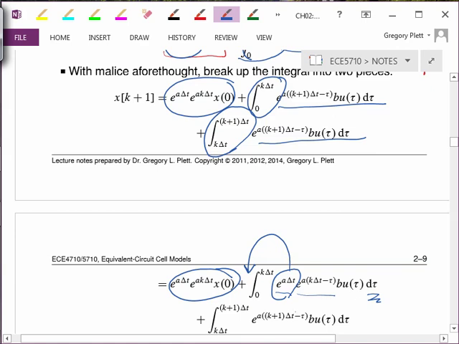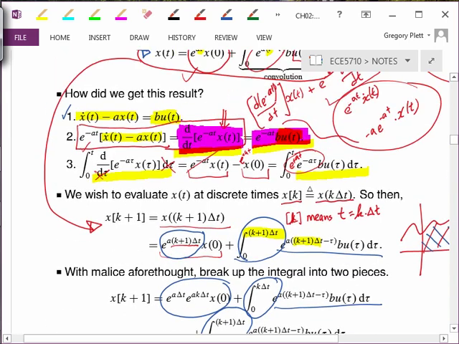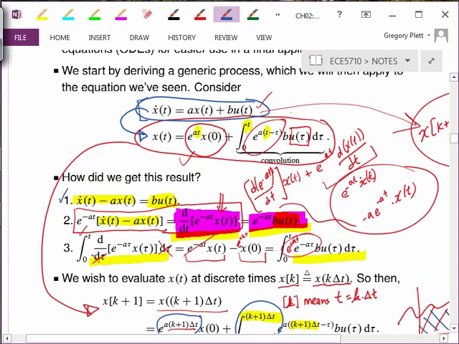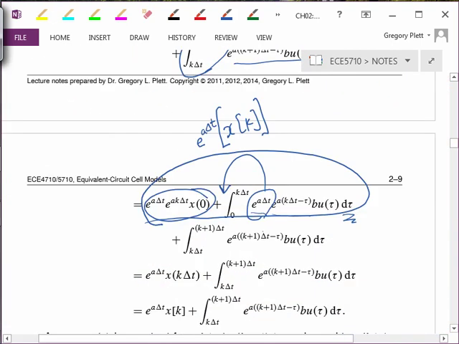And then I look at all of this stuff together and realize that's the same thing as e to the a delta t multiplying x of k. Think about it. If we went back to our expression here for x of t, plug in t equals k delta t, that's what I have down here left over inside of this integral and here.